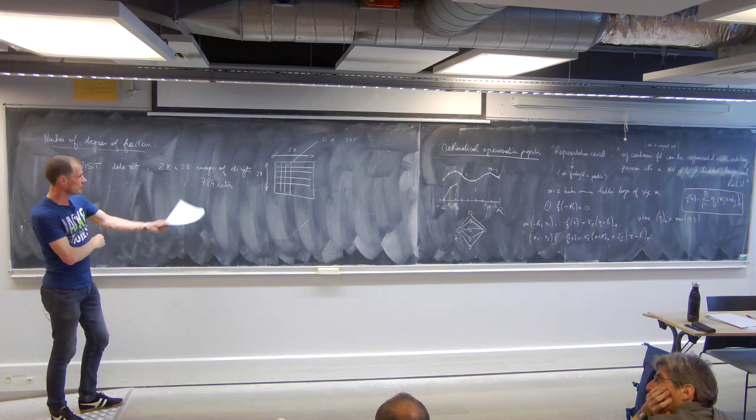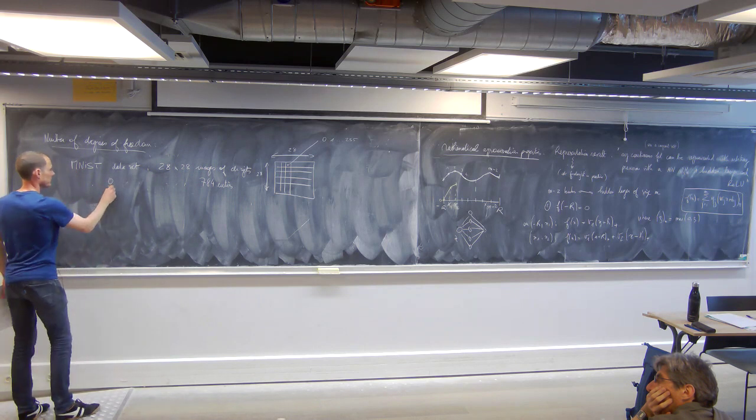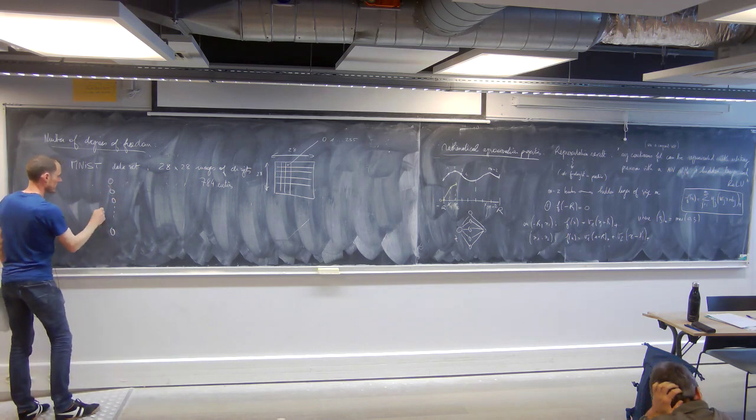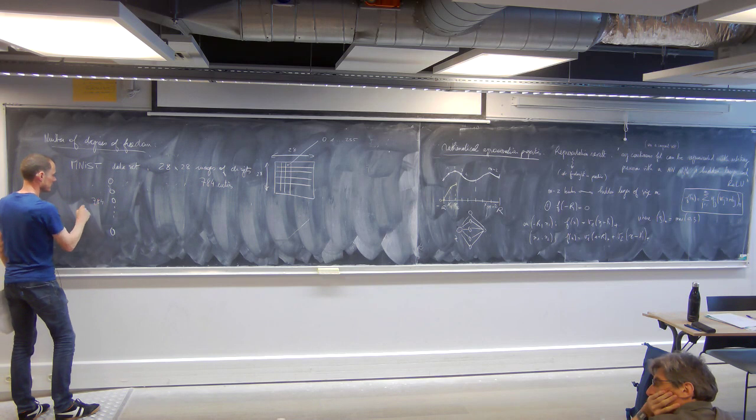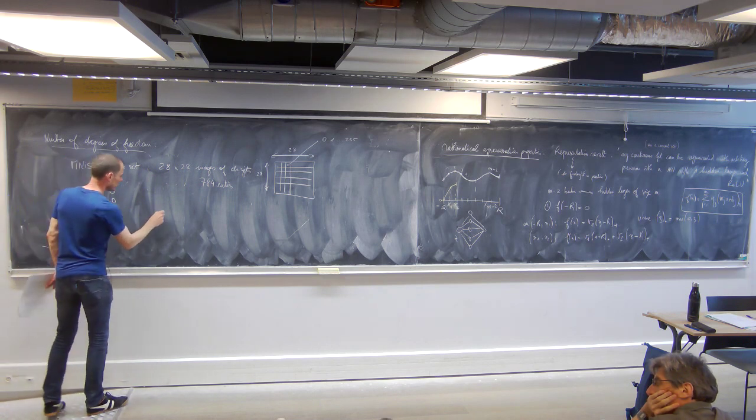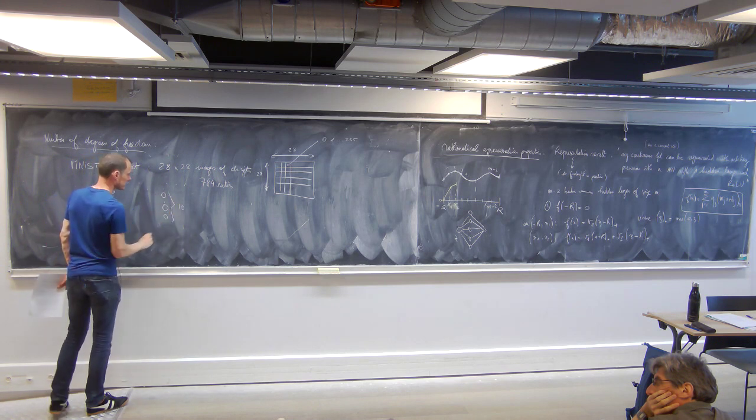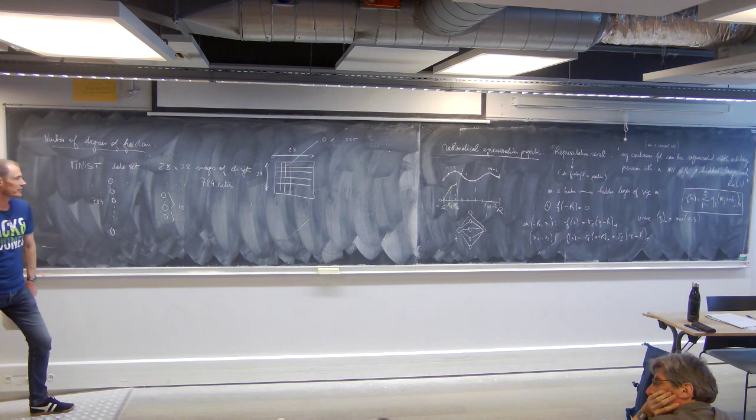So at least the input we have is something of size 784. And when we do a classification, typically we want to return something of size 10 because we have 10 classes, 10 digits.